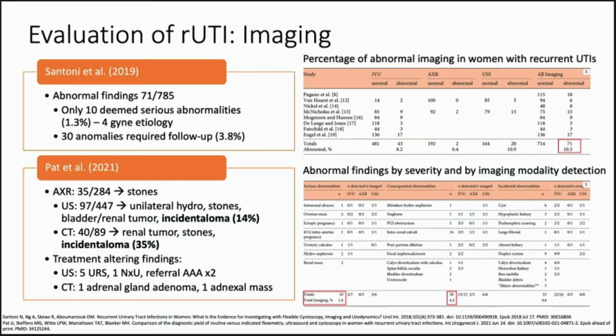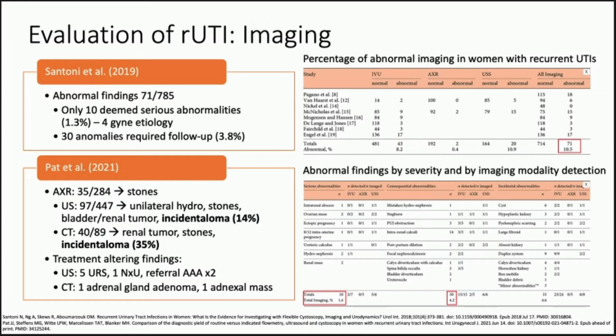In the Pat and colleagues cohort study, imaging was performed either with ultrasound, abdo X-ray, or CT scan. 35 out of the 284 abdominal X-rays were suspicious for stones. 97 of the 447 ultrasounds were found to have anomalies, including unilateral hydronephrosis, stones, renal bladder tumors, or incidentalomas in 14% of those.